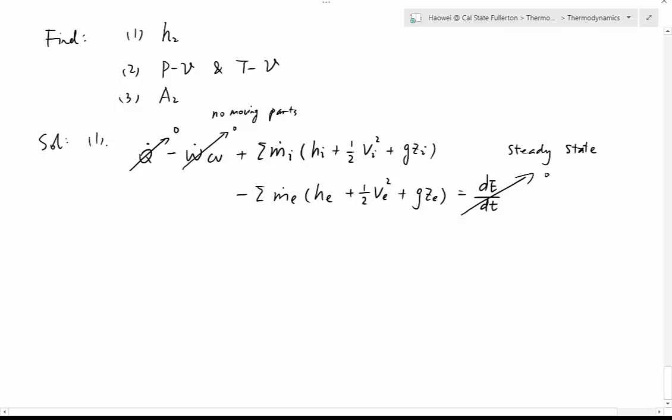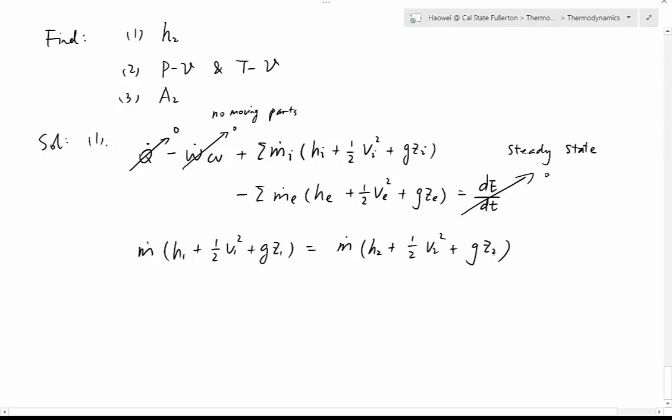And for exit we use number 2, so we change subscript e to 2. So this equation becomes m dot times (h1 plus 1/2 V1 squared plus g z1) equal to m dot multiplied by (h2 plus 1/2 V2 squared plus g z2).